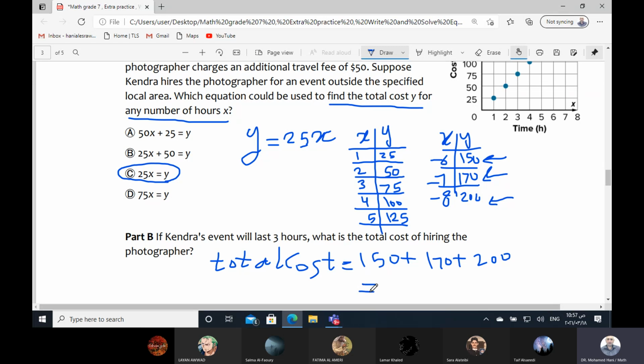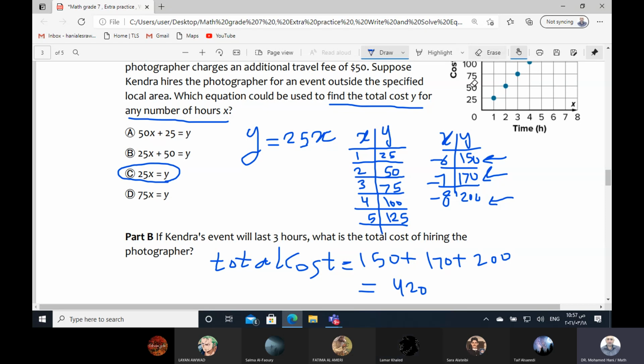Right. Find the answer and tell me, please, what is the answer? It's 525.